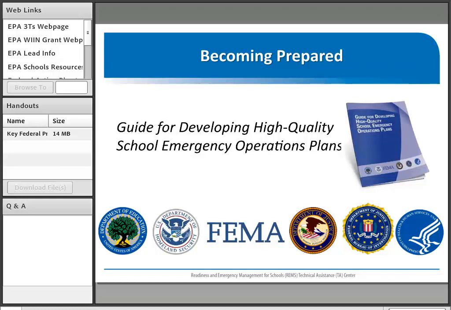So in the school guide, we put forth a common process model, and we refer to it as the six-step planning process. This is going to take the planning team through a comprehensive set of activities and processes that are needed for creating new plans, as well as for revising and updating existing plans.